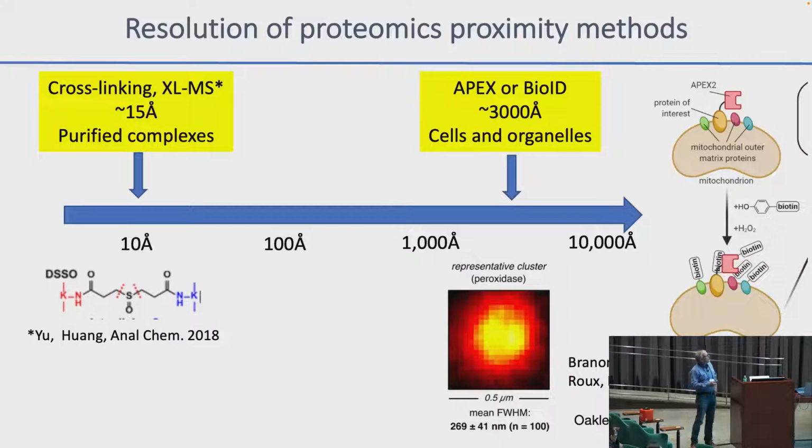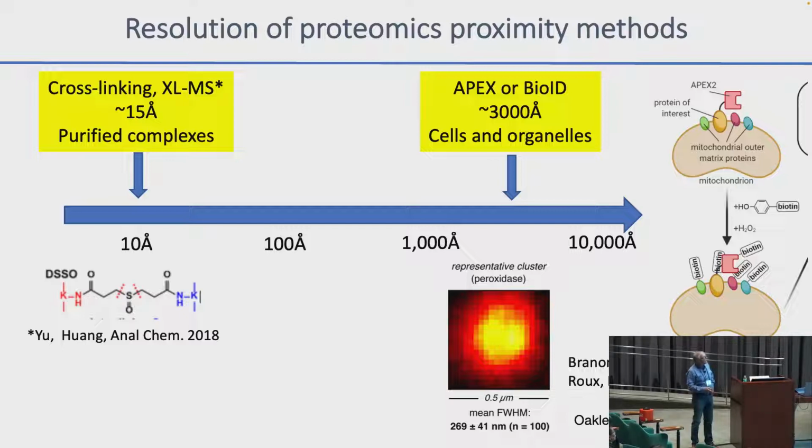On the other hand, there's APEX, which I think most of you are aware. This is a really effective way of identifying, for instance, proteins that are sitting on an organelle or across organelles. This has been popularized by Alice Ting's group, which has done beautiful work here to show that with a biotin phenol, you can generate these free radicals that will tag proteins on the cell surface.